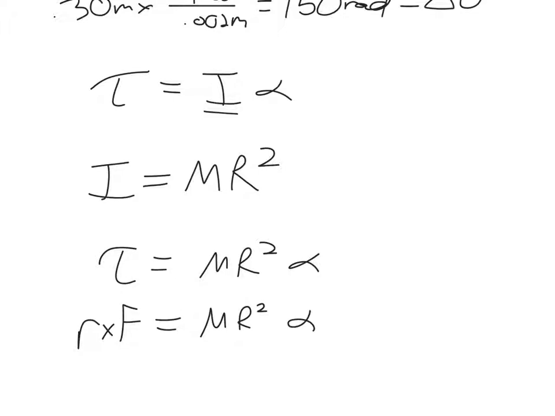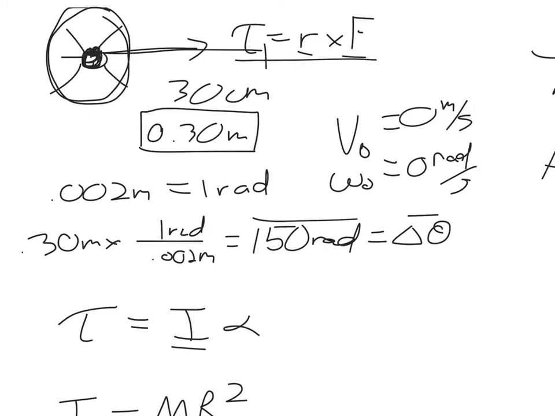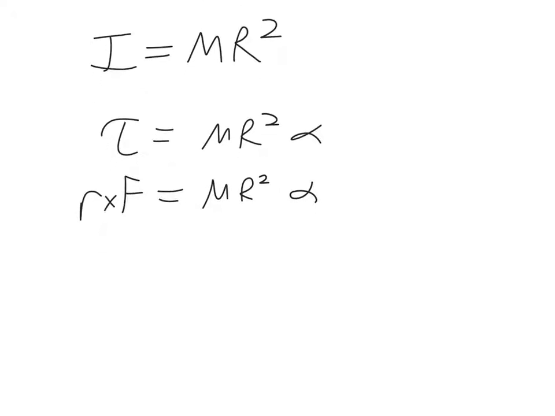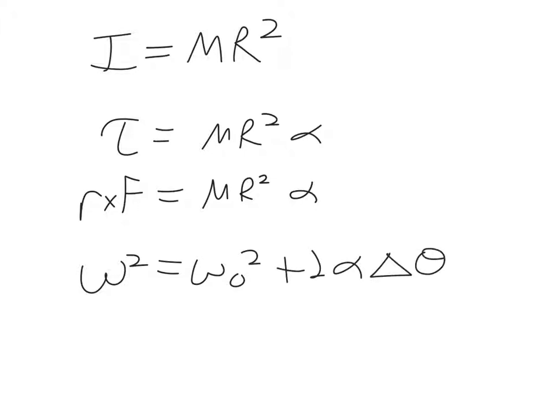And the alpha here, now we need an alpha equation. And again, I have alpha, I have omega naught, and theta, and I'm looking for omega final. I think then that the equation that I'm going to wind up choosing is this one, that omega squared equals omega naught squared plus 2 alpha delta theta. And we know omega naught is 0.